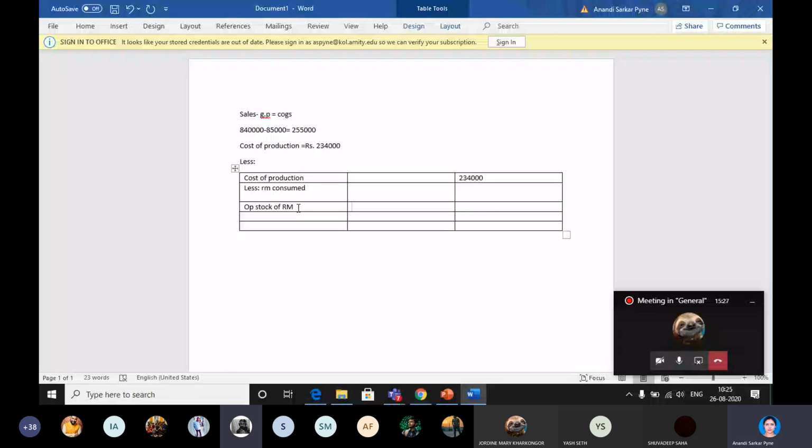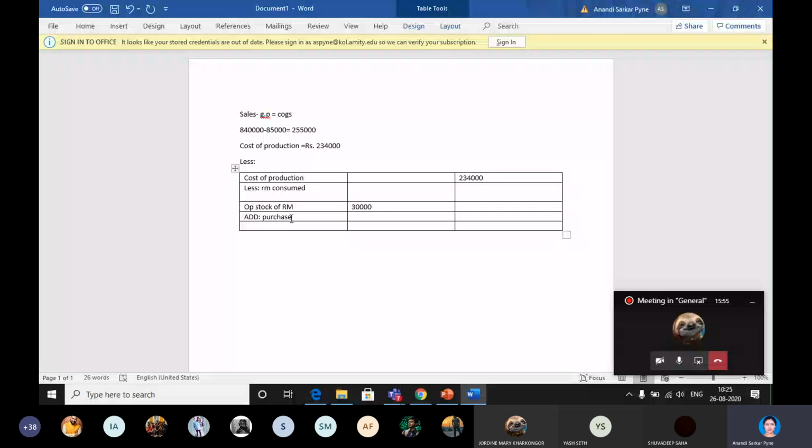Opening stock is 30,000. To the opening stock we will add the purchase of raw material, which is 1,15,000.